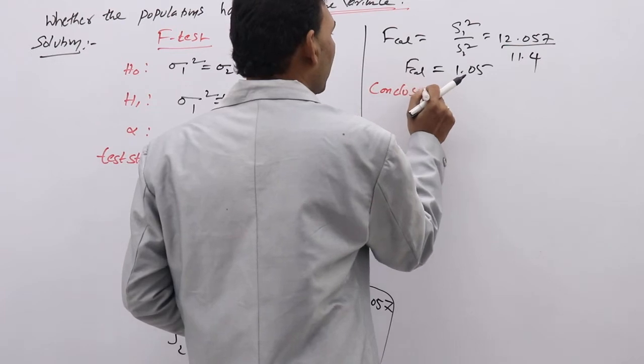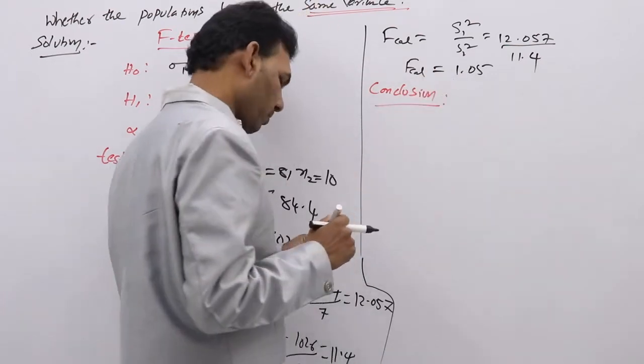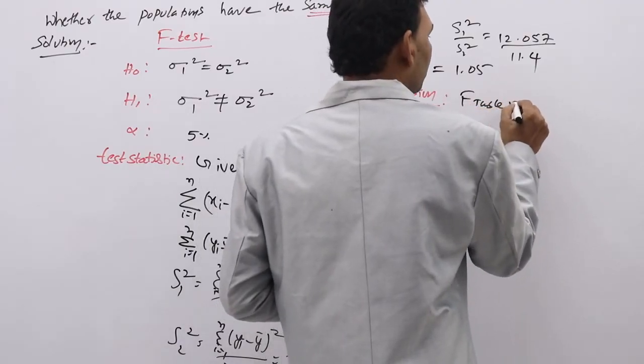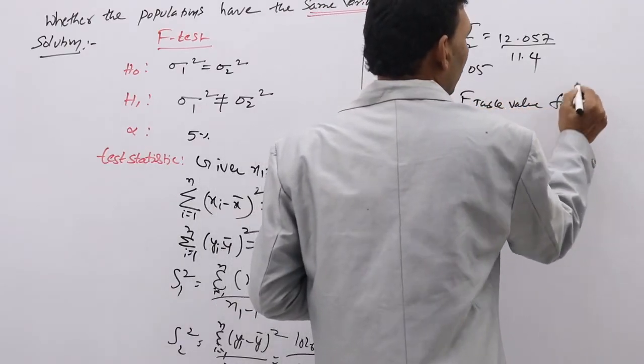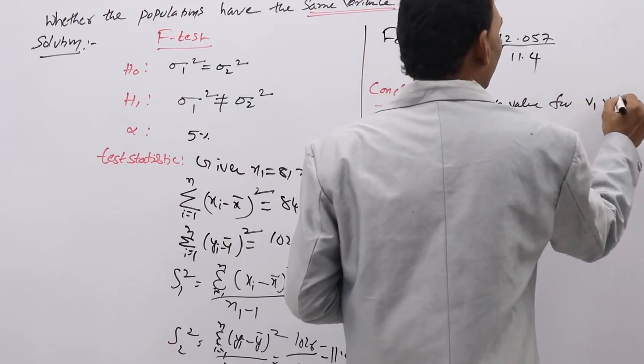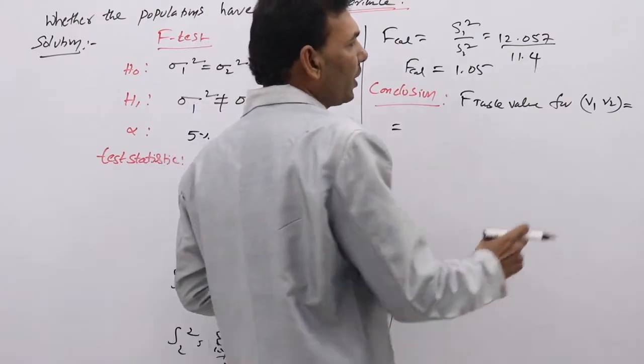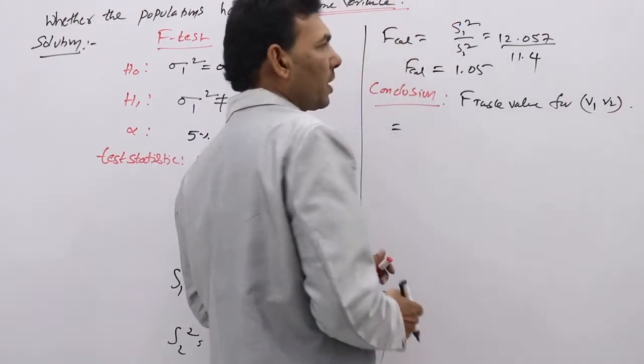Next we need to conclude whether we have to accept H0 or reject H0. Conclusion. For this, the F table value for V1, V2 degrees of freedom. V1 means N1 minus 1, V2 means N2 minus 1.